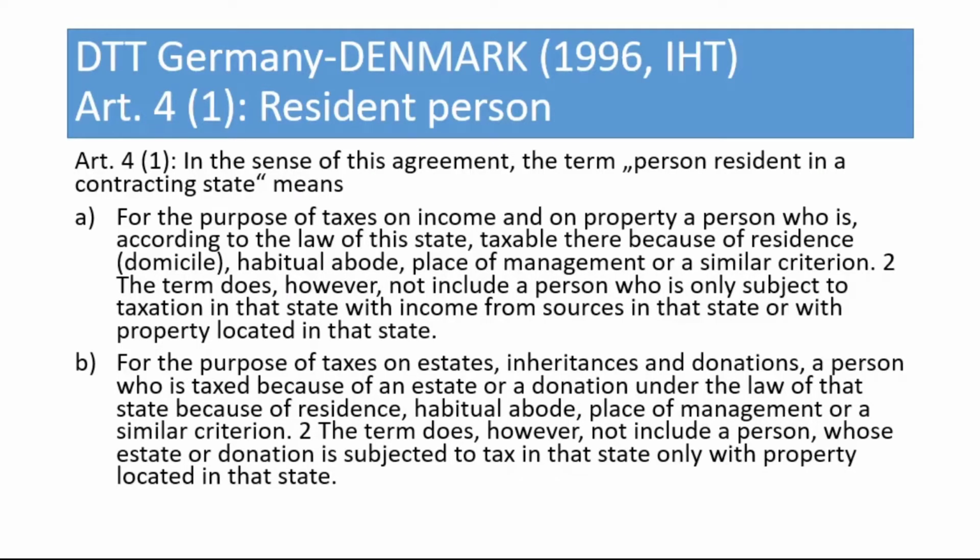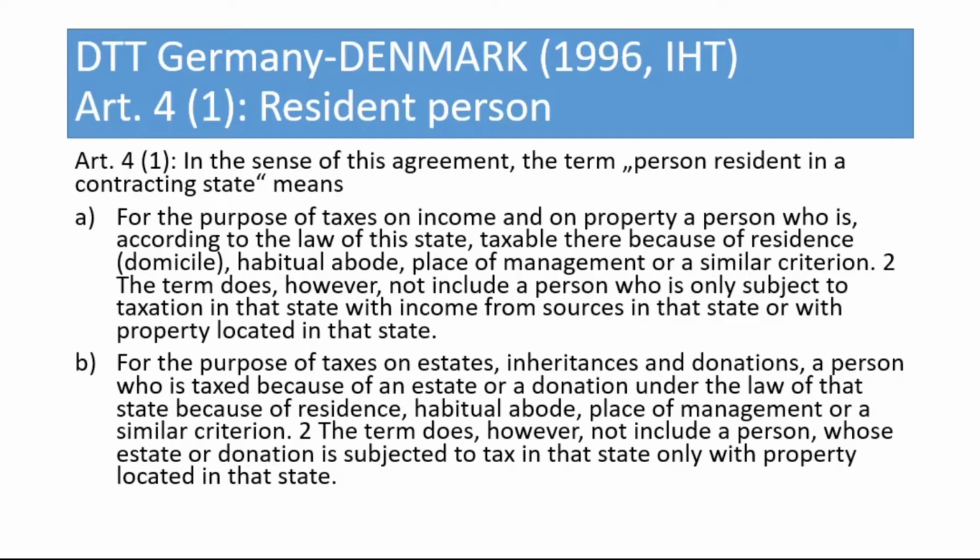As we see here, the right letter in 4.1 of the Double Taxation Treaty is letter B. For the purpose of taxes on estates, inheritances, and donations, a person who is taxed because of an estate or donation under the law of a state because of residence, habitual abode, and so on is resident there.